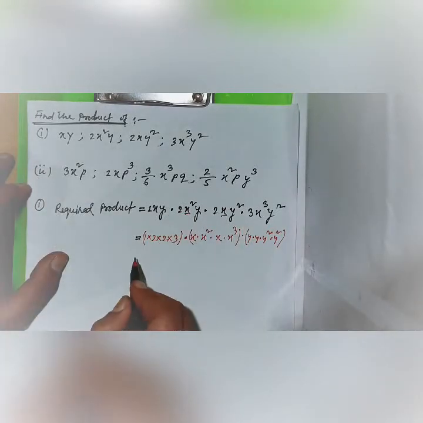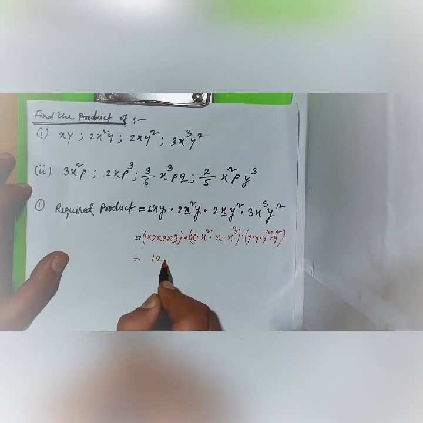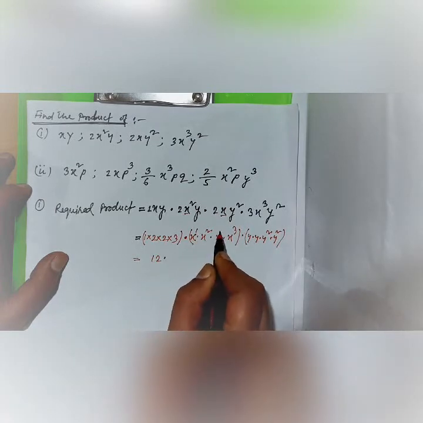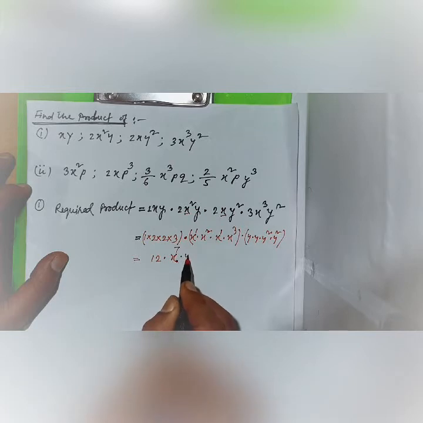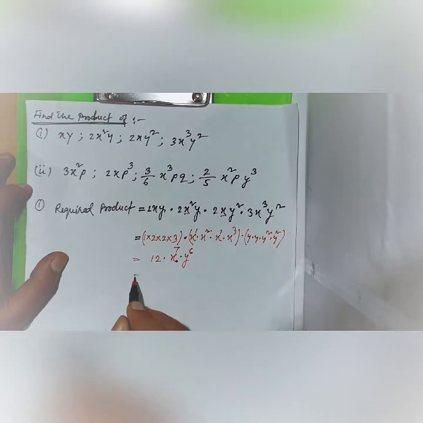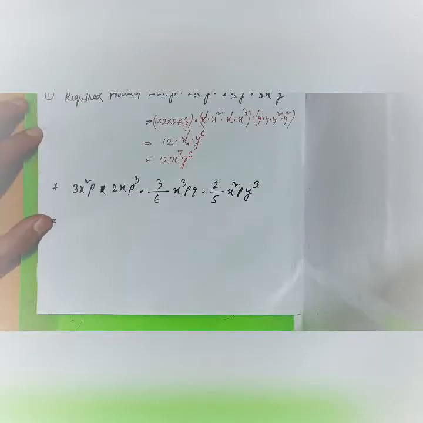So this is 12, and for x, if you use the law of exponents, it will be 3 plus 4 is 7, and for y, it will be 4 plus 5 plus 6. Sorry, the final answer is 12 x to the power 7 y to the power 6.